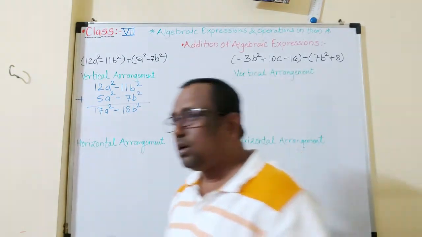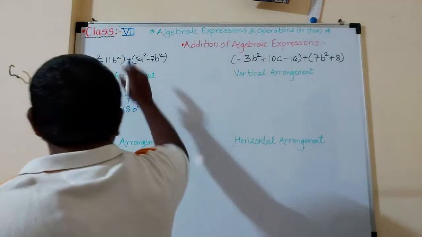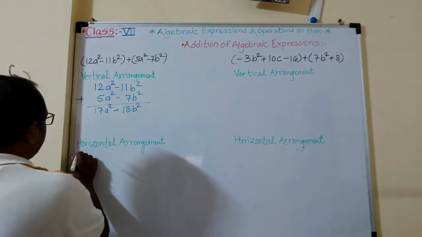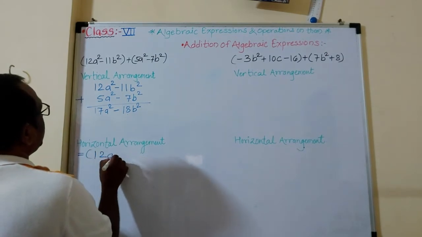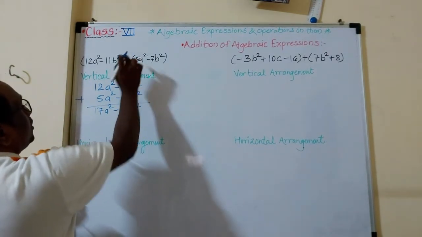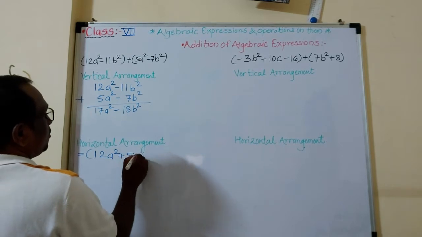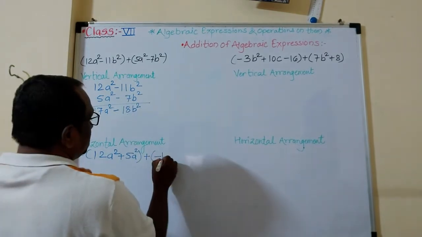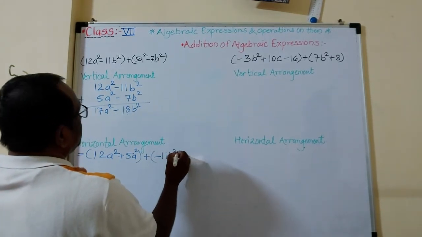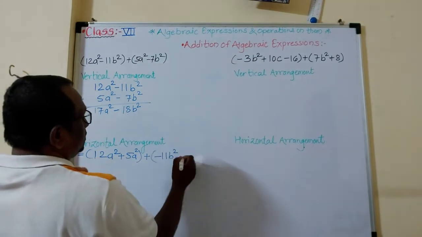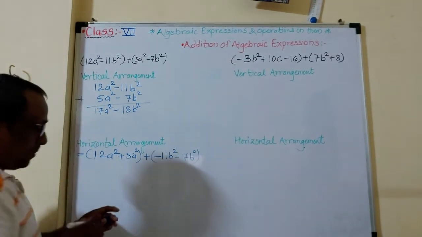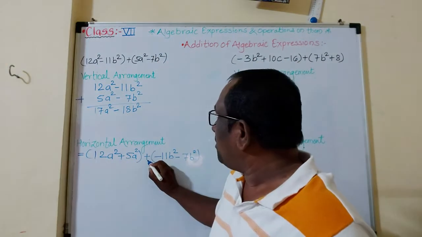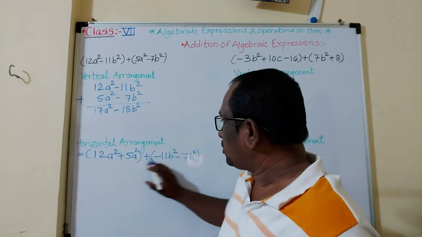Now the horizontal arrangement, the horizontal method. As I told you, I have to write the like terms. First the bracket: 12a², here nothing, plus and plus, 5a² plus, minus 11b² minus 7b². Now see students, this is very important: plus, because we are doing addition of these two terms.